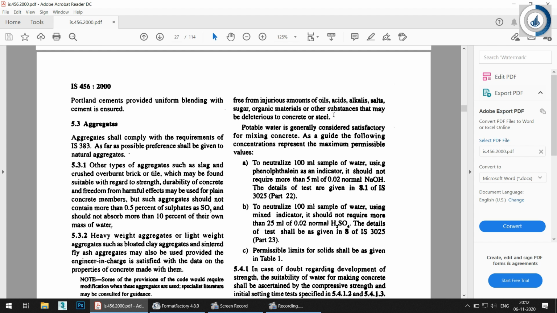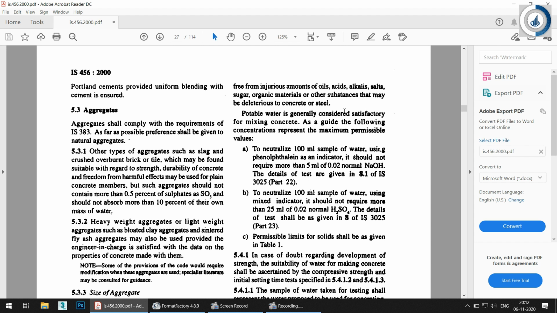As you know, reinforced concrete is a composite material, so you should take care that the water you are adding for mixing and curing should not be harmful to the concrete as well as the inner steel.